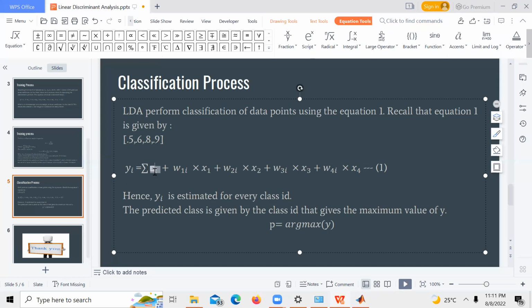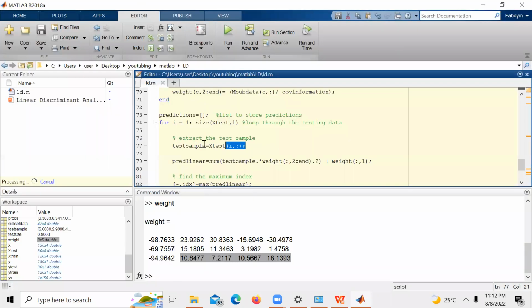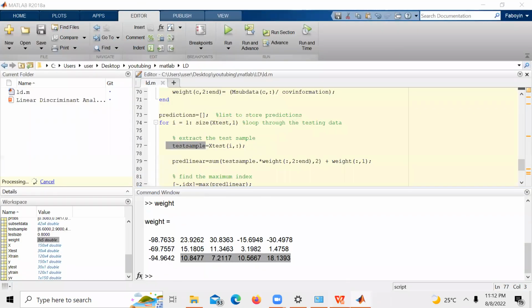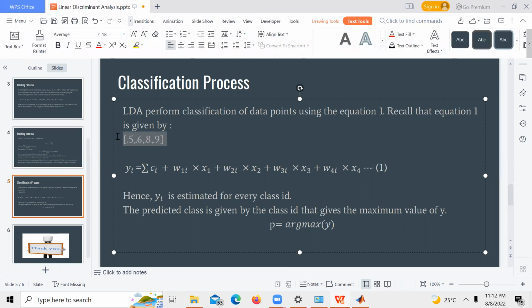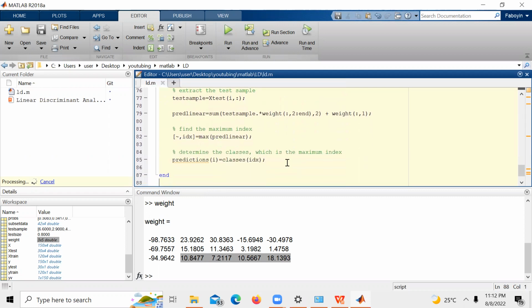For each class, we take the constant and add it to the linear coefficient multiplied by the input, which is this test sample. I use this as an example of the test sample. So we multiply by this weight, and after multiplying by the weight, we add the constant.